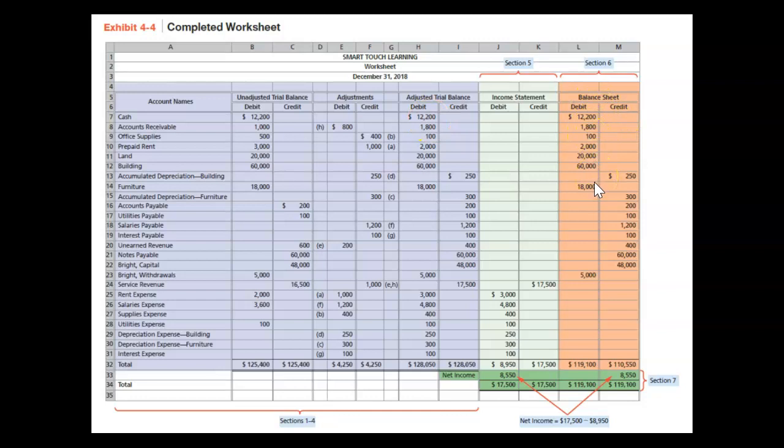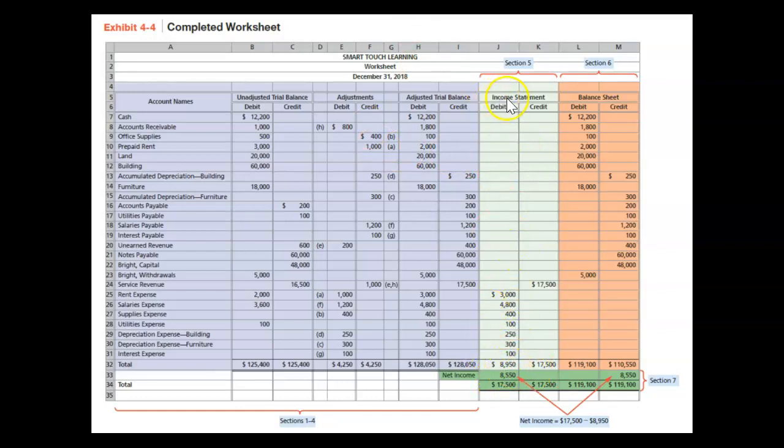So then when it comes to doing our financial statements, let's say I have to create my income statement. I just have to look on my worksheet. I find, oh, here, these are all the accounts that go on the income statement. I have on my revenue $17,500. I've got all of my expenses here that total up $8,950. So once you have sorted out all those accounts, look down here.